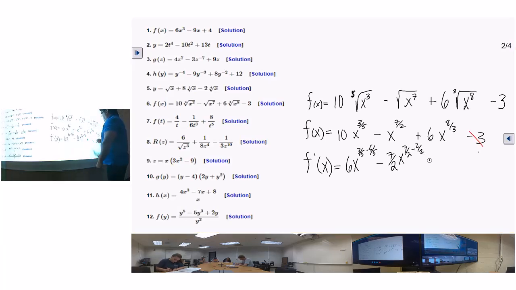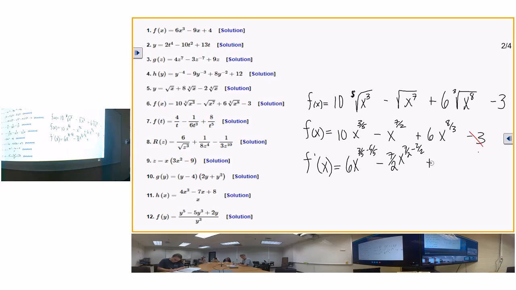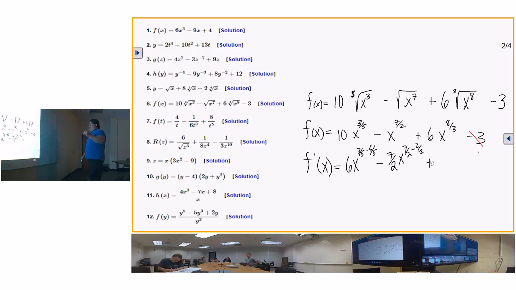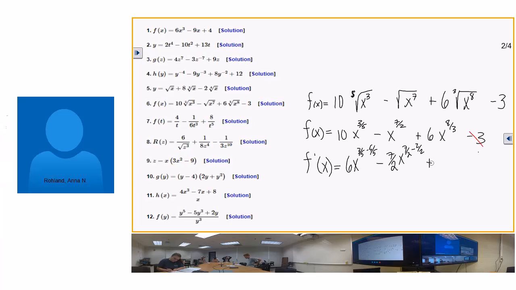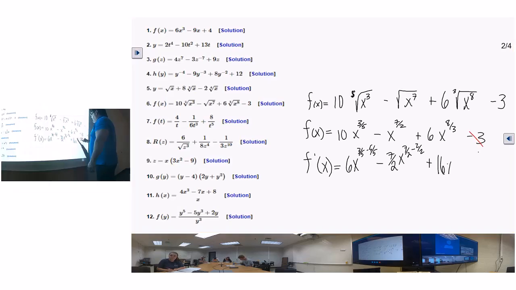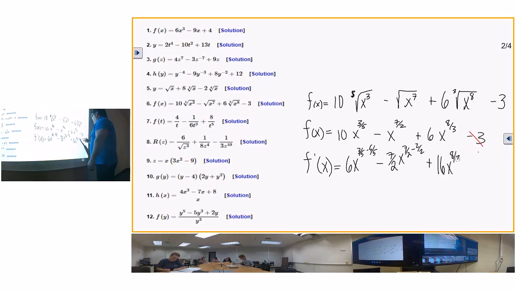So negative 7 over 2, x to the 7/2 minus 2/2, plus, okay, let's see, 8 times 6 is what? 48, and 48 divided by 3 is what? Is it divisible? 16. Thank you. 16 x to the 8/3 minus what? 3/3. And I did 3 for you.